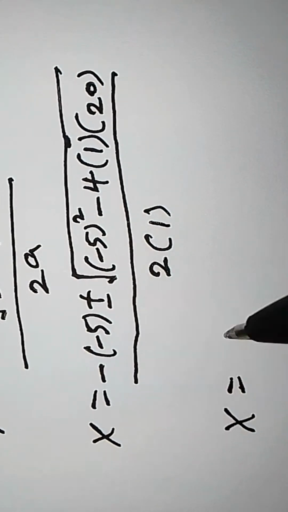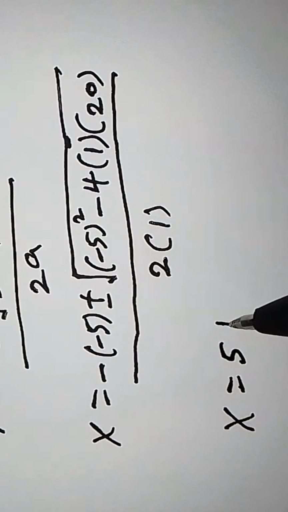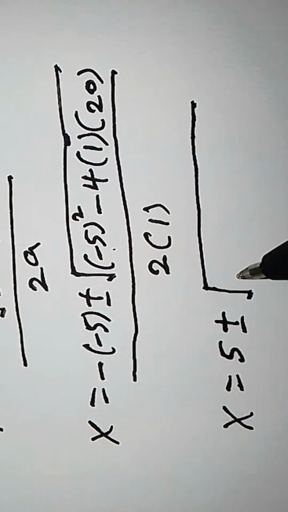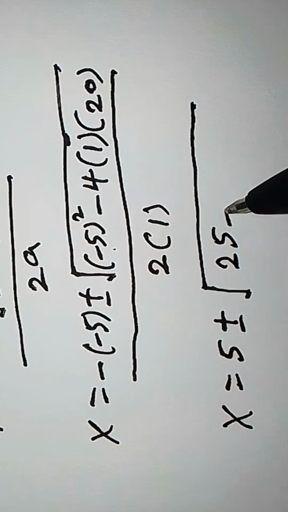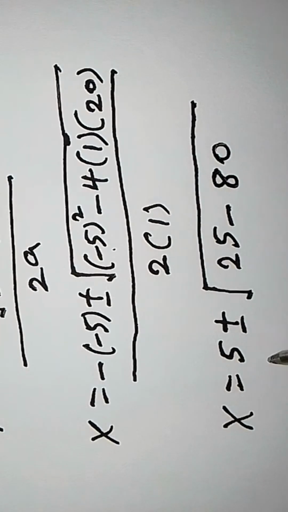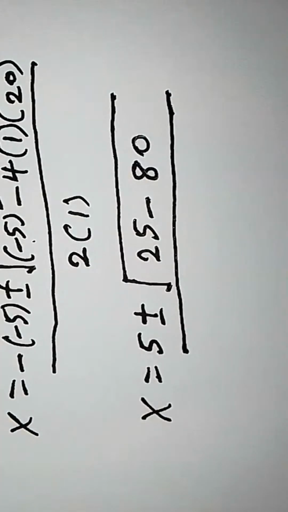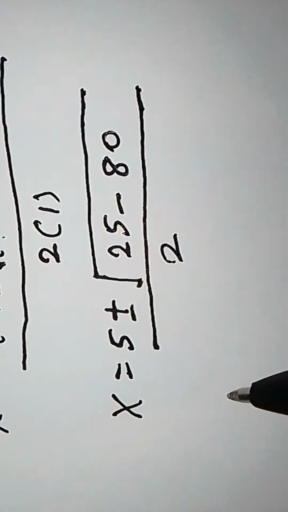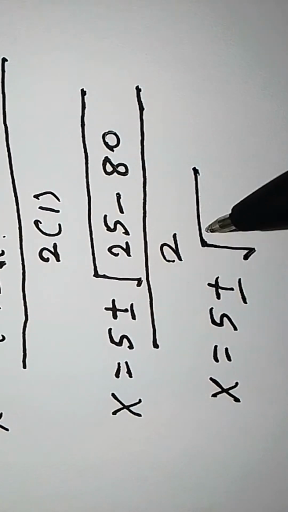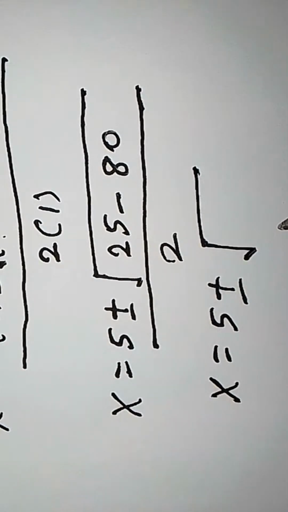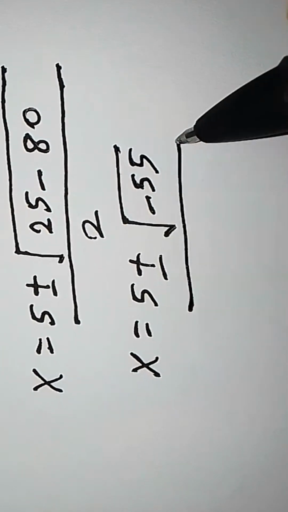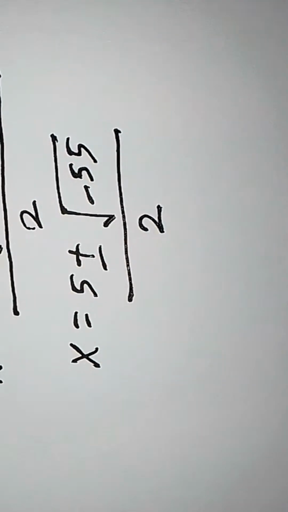So x equal to minus times minus 5, that is 5 plus or minus square root of minus 5 all squared, that is 25, minus 4 times 1 times 20, that is 80, divided by 2 times 1, that is simply 2. x equal to 5 plus or minus square root of 25 minus 80. If you plug in your calculator, that is minus 55 divided by 2.